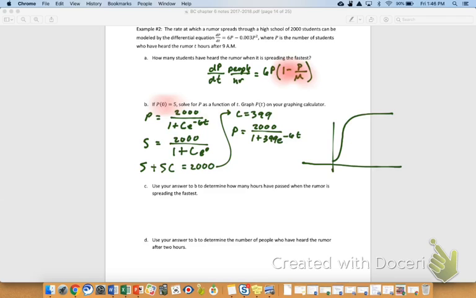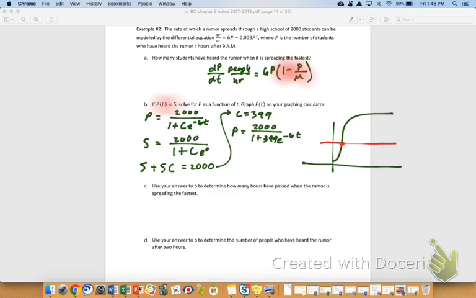Okay, cool. Did anybody move on to C or D yet? Okay, well, let's check it out then. So C says, use your answer from B to determine how many hours have passed when the rumor is spreading the fastest. Well, we already kind of half answered this in A, because the number of people that have heard the rumor when it's spreading the fastest is 1,000. So what we could do is sketch in a horizontal line right there at 1,000.